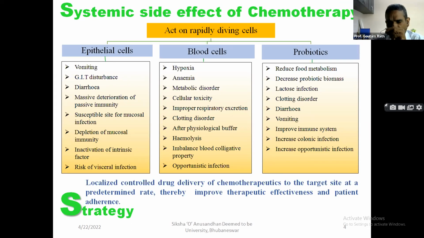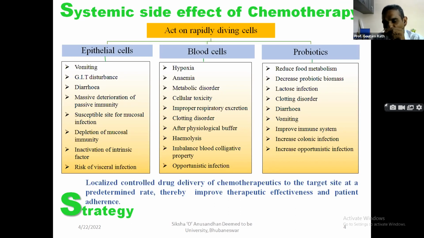But that is not the only objective, although the major objective is to localize the drug. What are the challenges? The solubility of the drug. The permeability of the drug. The stability of the drug.